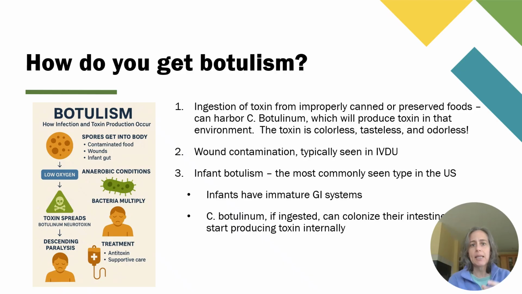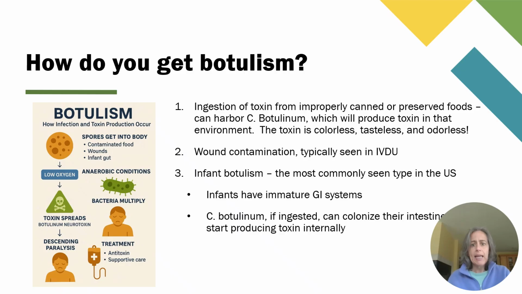What can happen is if the bacterium is in this improperly canned food, that is an anaerobic environment, there's no air in there, and it will start to make the toxin. And then you go and eat that food and you ingest the toxin. So way number one to get botulism is that you directly ingest the toxin. The toxin itself is colorless, tasteless, and odorless, so you wouldn't necessarily know that you were ingesting it.